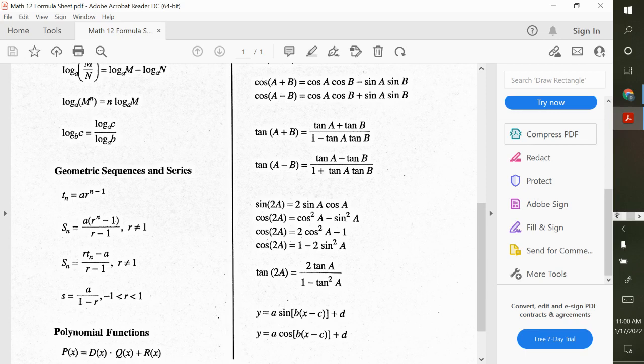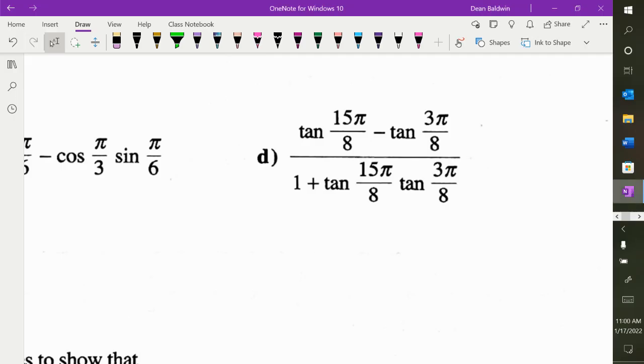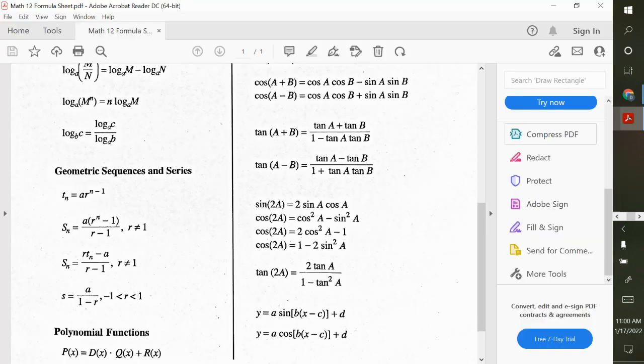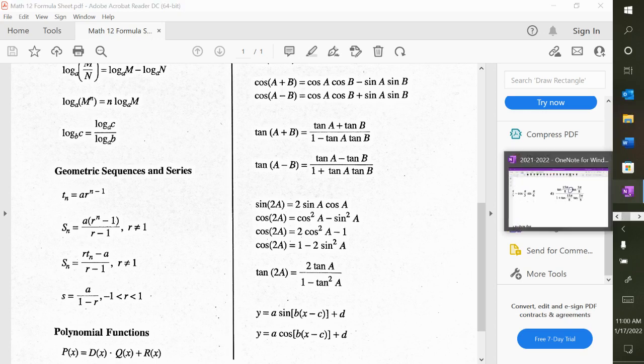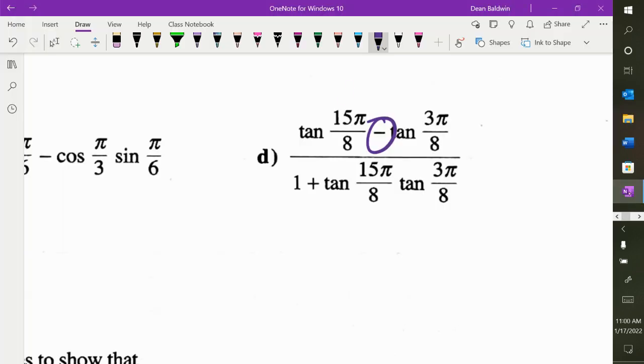So this whole thing, because you're looking right there, right? That's going to be tan A minus B. So we write, this is my A, that's my B. This equals tan of A minus B.